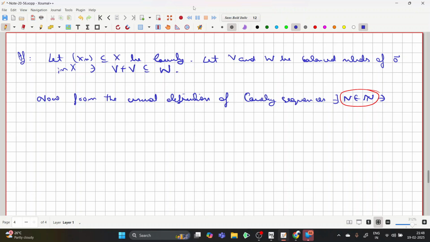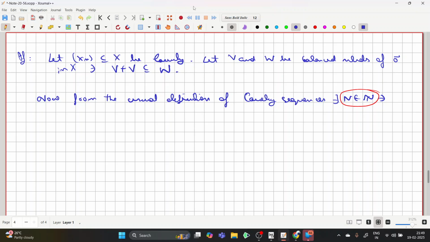Any arbitrary indexing set having a partial order, and there are some more important properties which we require for that indexing set, which is not dedicated to this part of the lecture. But if you have studied nets, then you would know what sort of properties we require for an indexing set in order to define a net, right? It needs to have the direction property, and there are certain more properties as well.